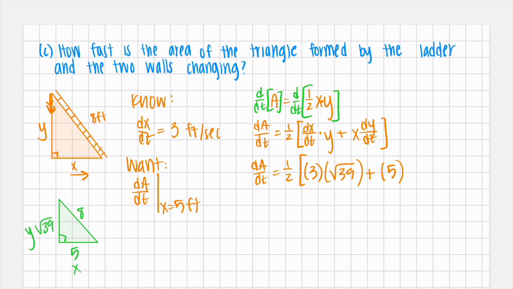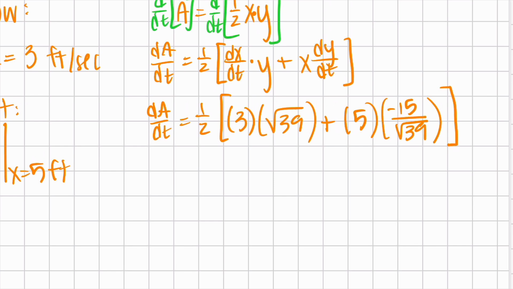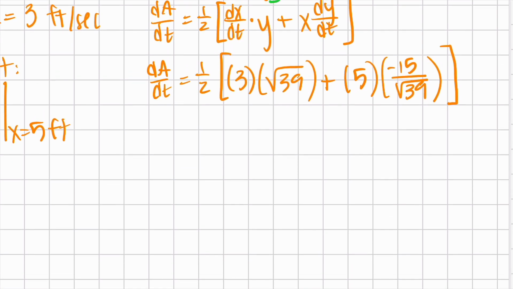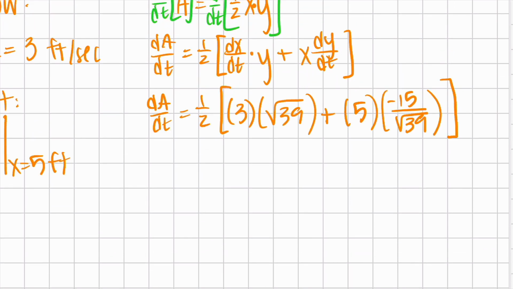And then dy/dt, I'm going to pull from part A. We said in that moment, dy/dt is negative 15 over the square root of 39. From here, the last thing to do is to simplify. So let's do that. I'm going to start by just multiplying. I have minus 75 over root 39.